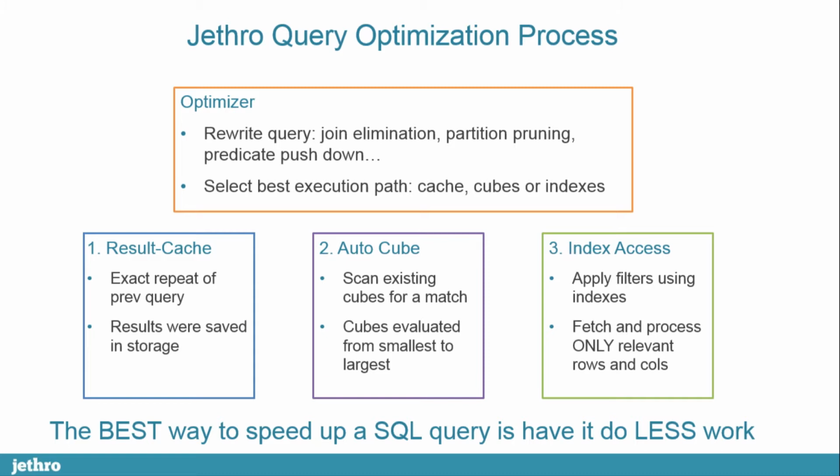Now, it's not so trivial, because we need to consider data ingestion. New data also comes in, so Jethro result caching knows how to work with delta. I've cached results for 1 billion rows, and then another 100 million came in. I can use the cache, use the delta, and merge the results together. So that's the result caching.